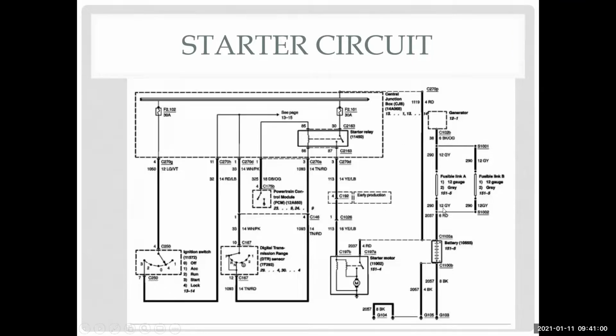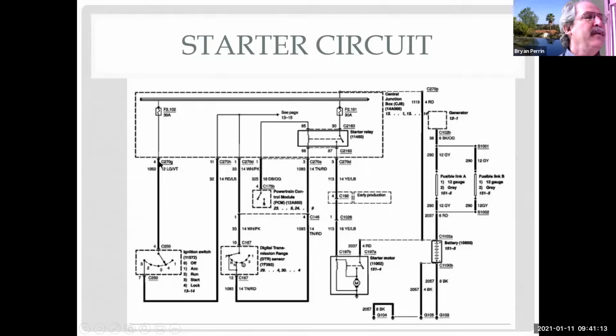Excuse me, Mr. Brian. I see solid lines, bold solid lines, and dashed lines. I'm sure there's some significance to each one of those. Yes. So these bold solid lines are wires. These smaller solid lines are inside the junction box.